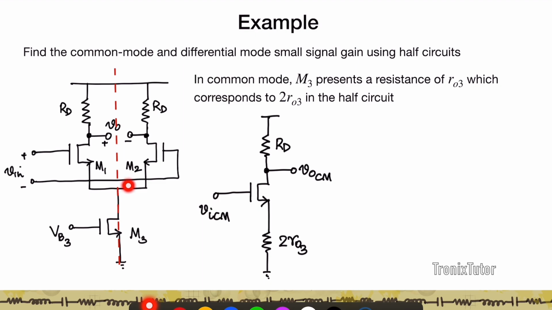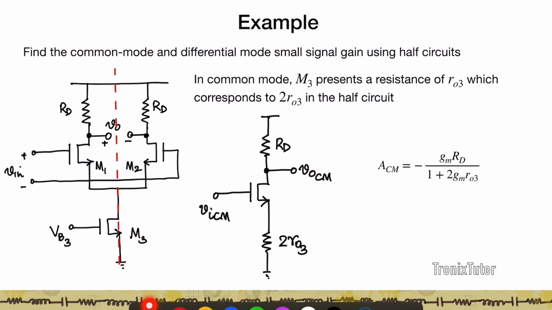Now in the common mode, this node is not the virtual ground because this node is not 0, right? Both these paths are going to conduct current. And so this M3 actually appears as a 2RO3 connected to the transistor. Again, this is something you know how to solve because this is a common source amplifier with source degradation. And so I can talk about the common mode gain as minus GMRD divided by 1 plus 2GM into RO3. So this is the common mode gain.